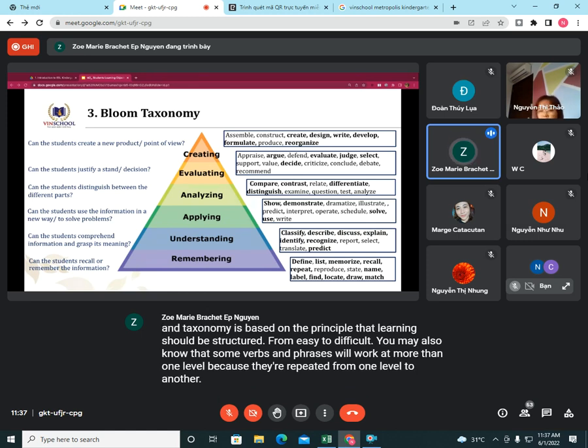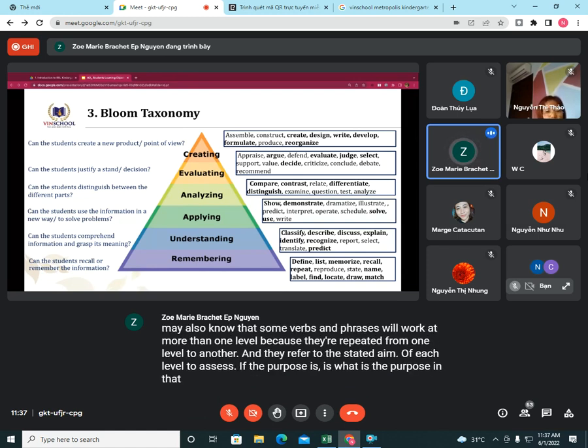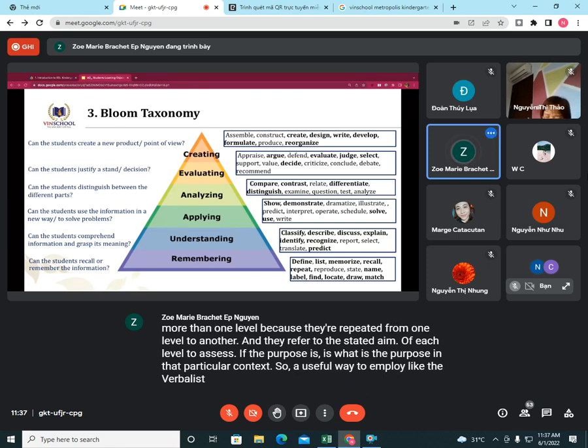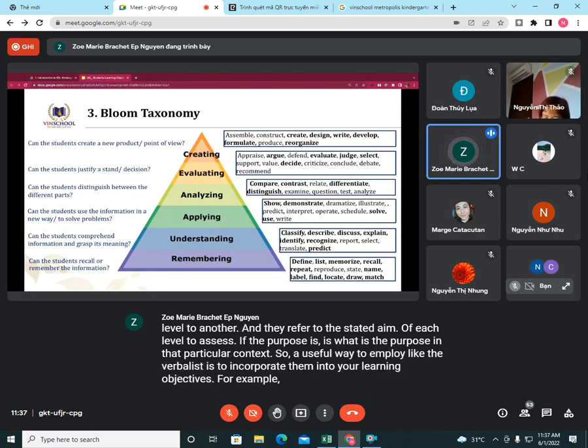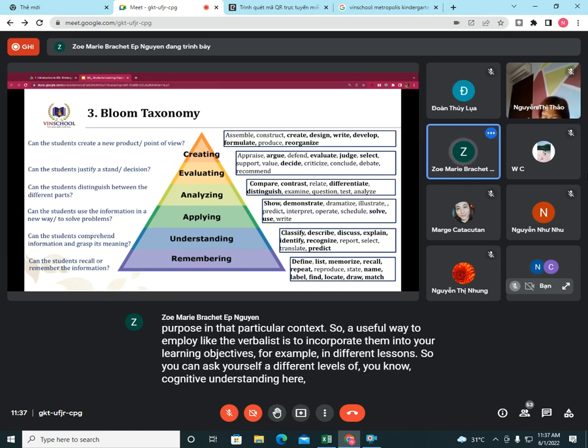And they refer to the stated aim of each level to assess what the purpose is in that particular context. So a useful way to employ the verb list is to incorporate them into your learning objectives, for example, in different lessons. So you can ask yourself at different levels of cognitive understanding and achievements.